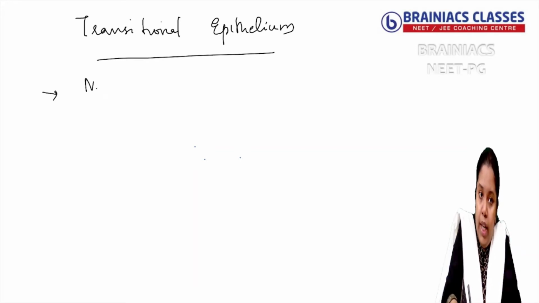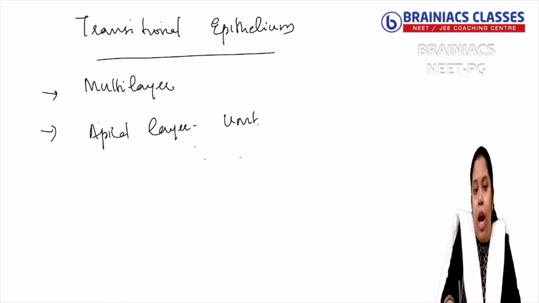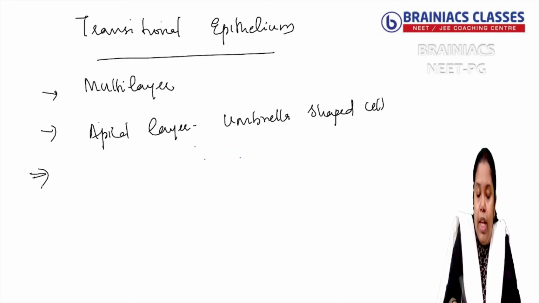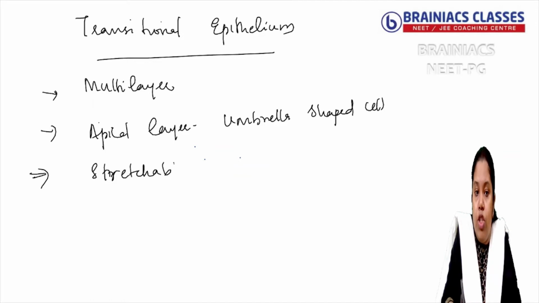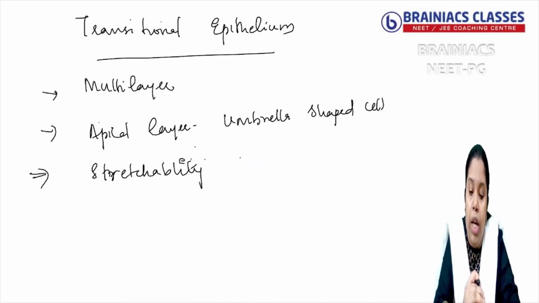It is multi-layered, and usually the apical layer has umbrella-shaped cells. Due to this transitional epithelium, the organ will get the property of stretchability. Stretchability is due to this transitional epithelium, right?